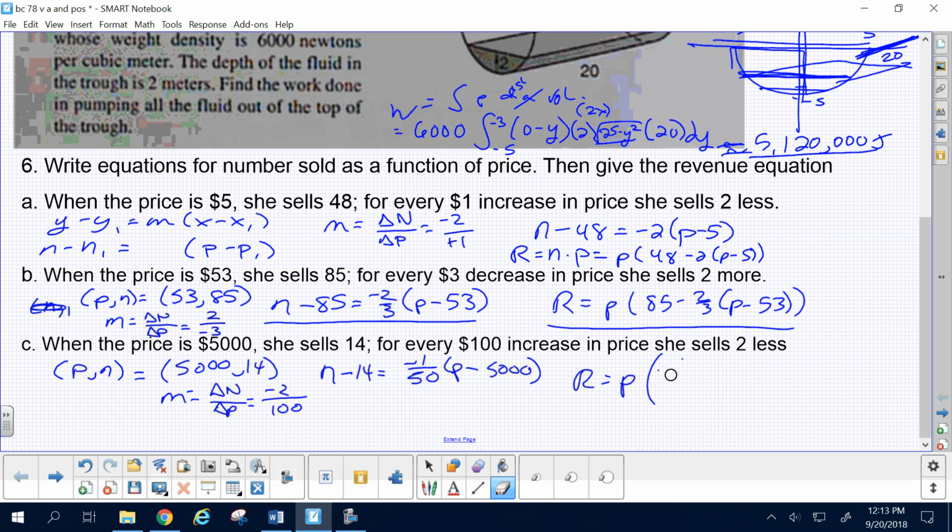Pretty good, or is it a struggle? Pretty good. Okay.